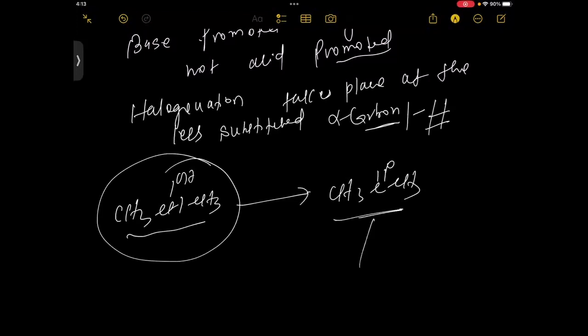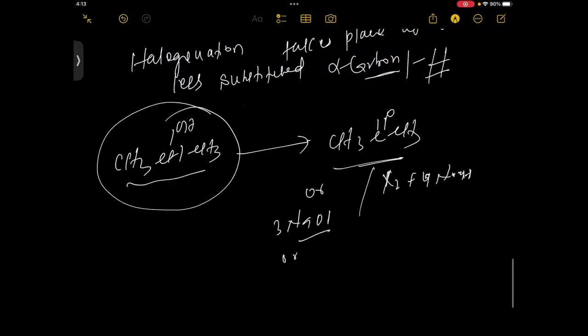And when we take X2 plus NaOH, students, in a conversion, when you have to solve the conversion, you can write 3 moles of NaOI if you have to obtain the iodoform, or if you have to obtain the chloroform, you can write that. Suppose you have to go in the conversion, you simply write that. So don't write it every time, because you have to balance the reactions, or sometimes you will get in the trap of the byproduct. So if you write like that, it is also correct.